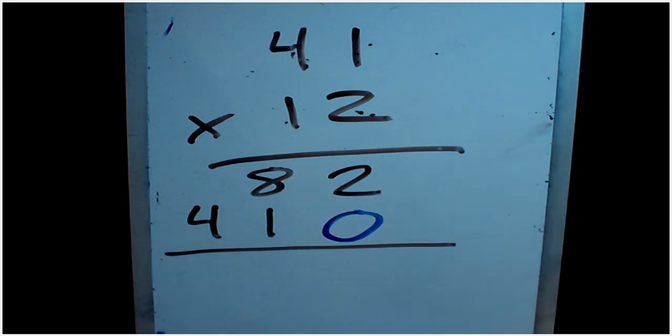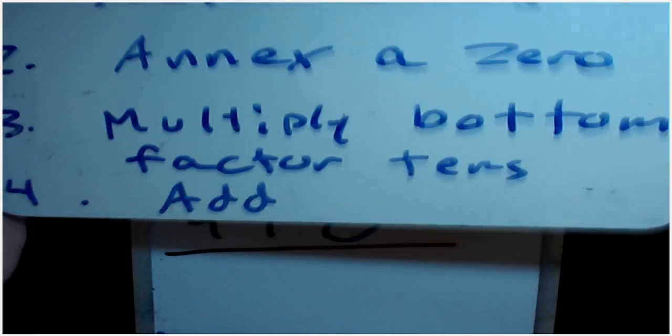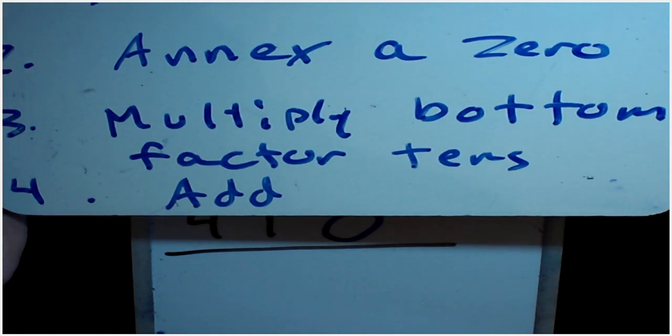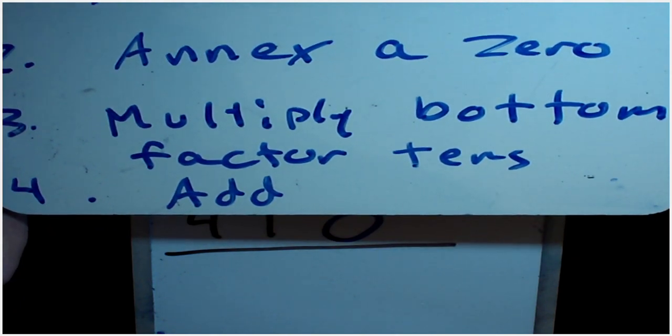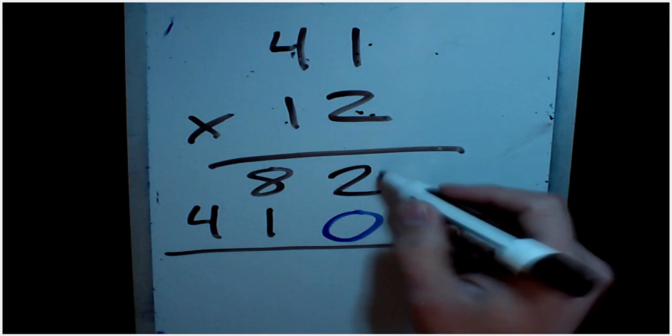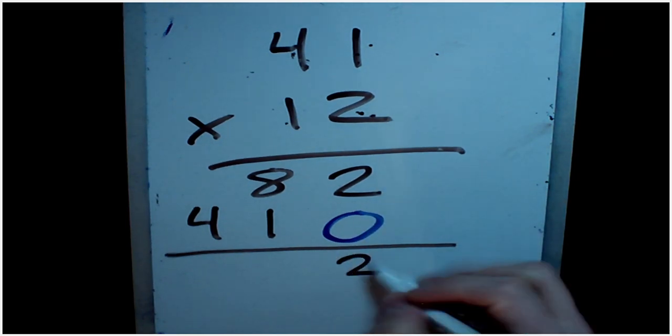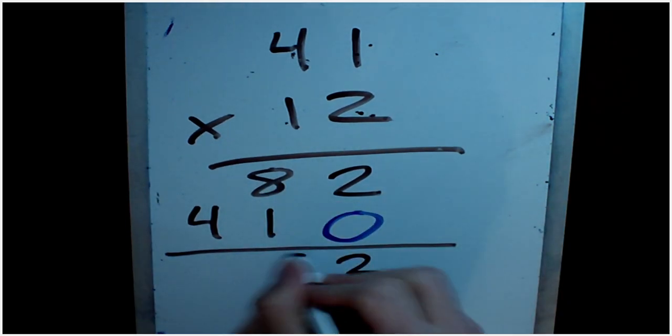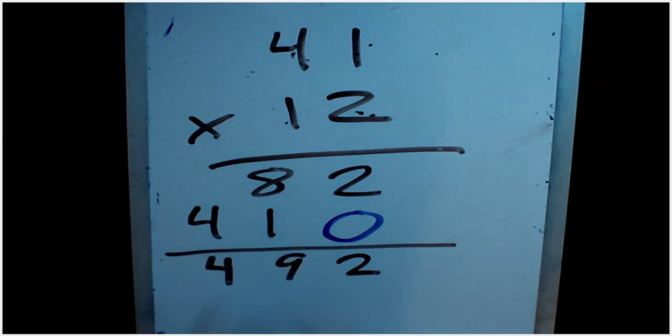So now I have 82 and 410. The last thing we're going to do is add those together. So 2 plus 0 is 2, 8 plus 1 is 9, and then we drop the 4. My final answer is 492.